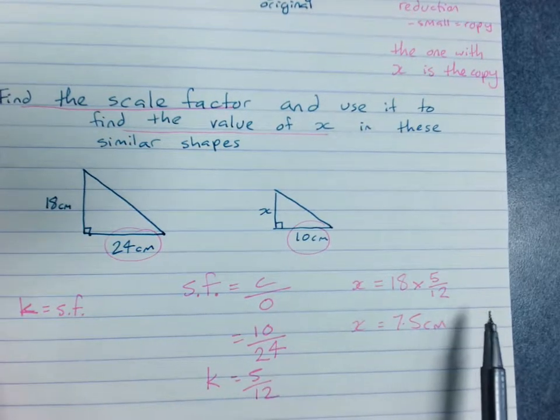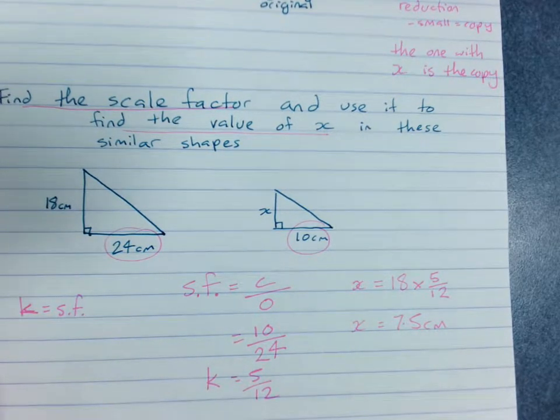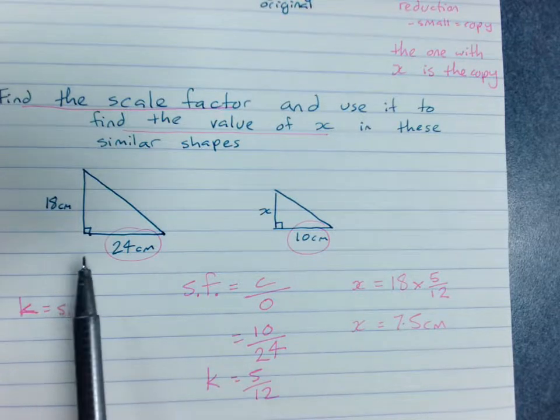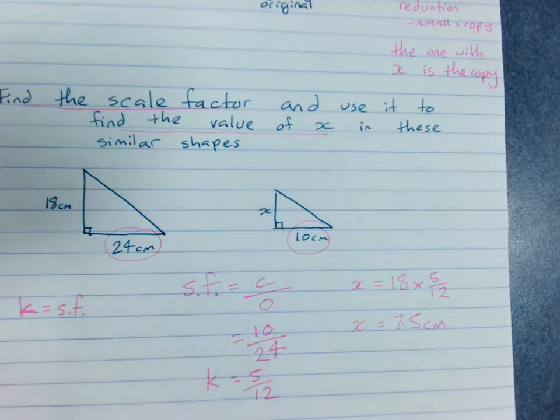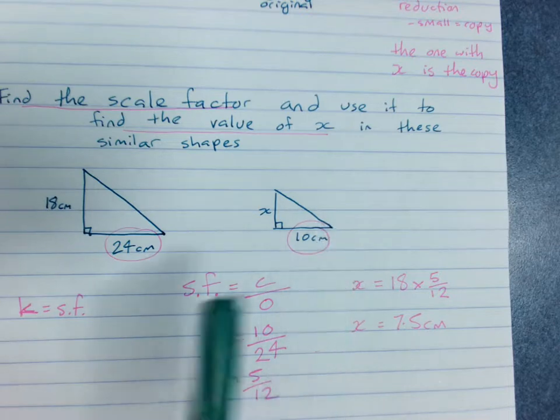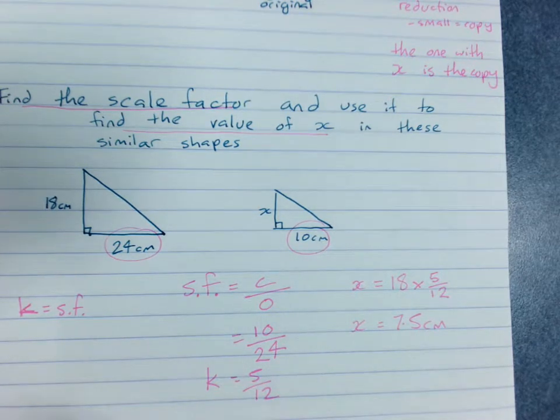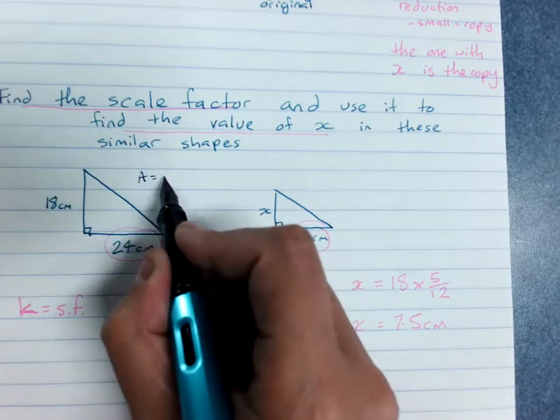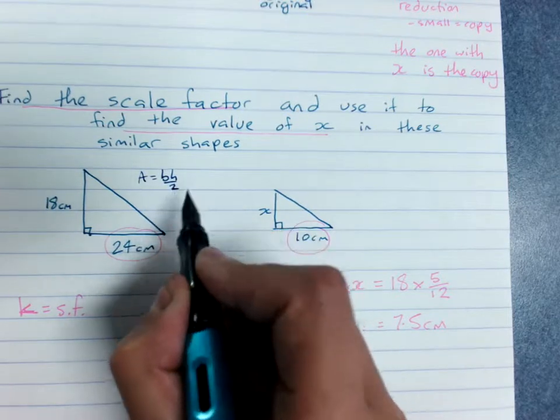The other thing that we can use the scale factor for is finding an area scale factor. Very quickly, because you might get asked for the scale factor of the areas or the ratio of the areas, let's just find the area of each of these two shapes. Area equals base times height over 2.